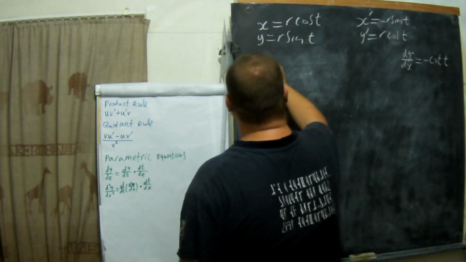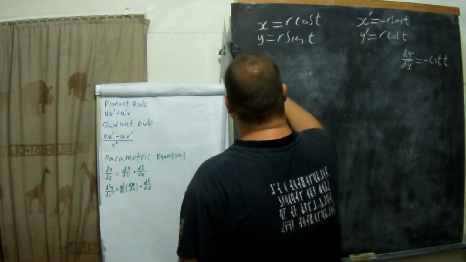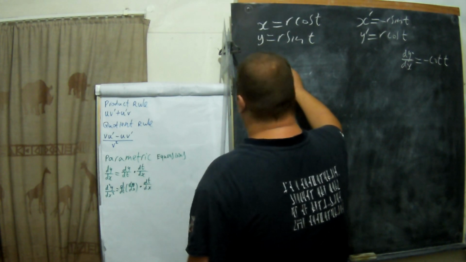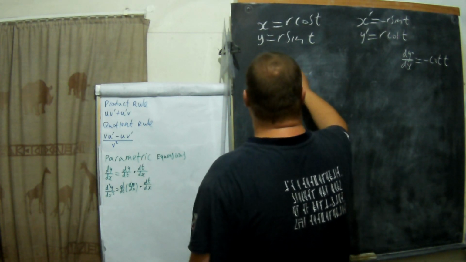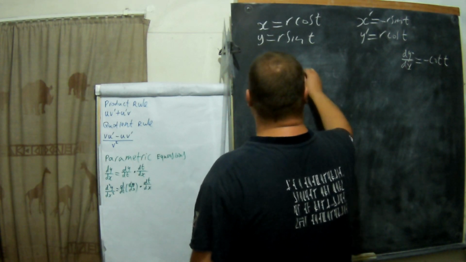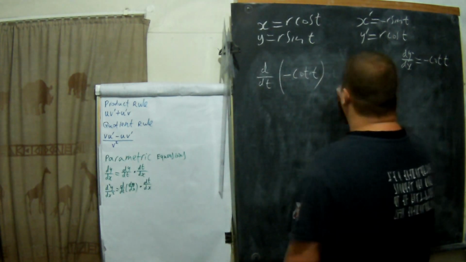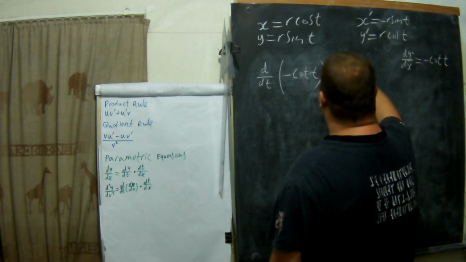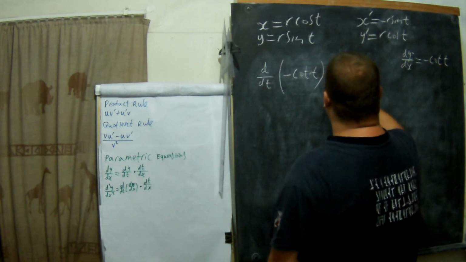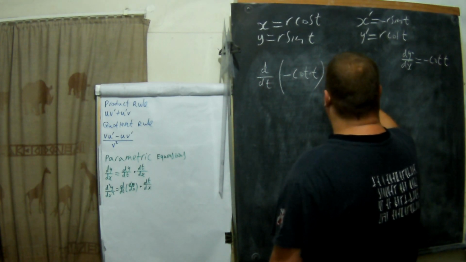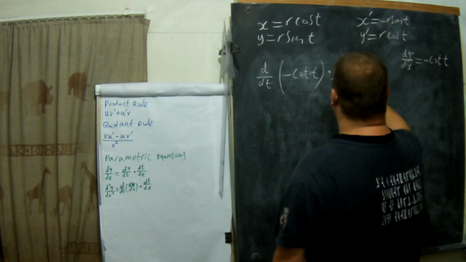So we have d over dt of minus cot t multiplied by 1 over minus r sine t.